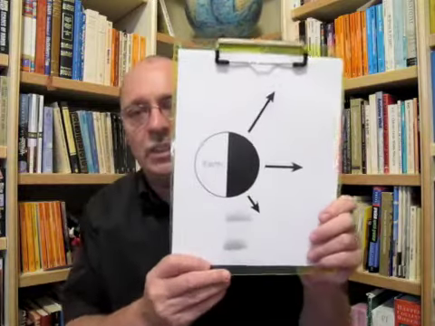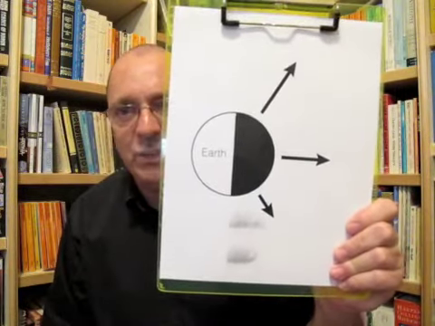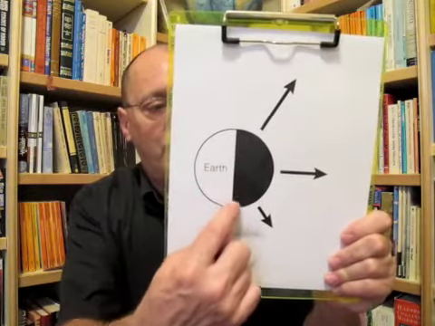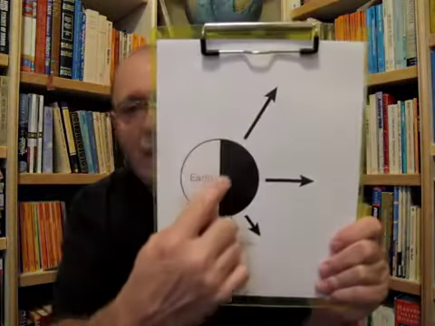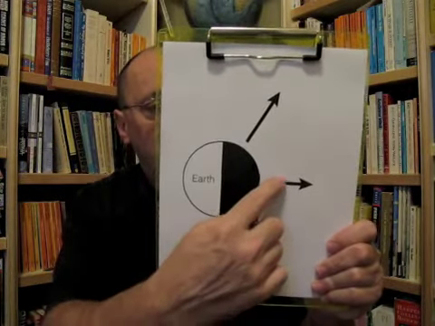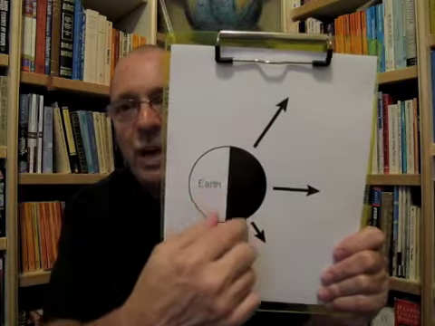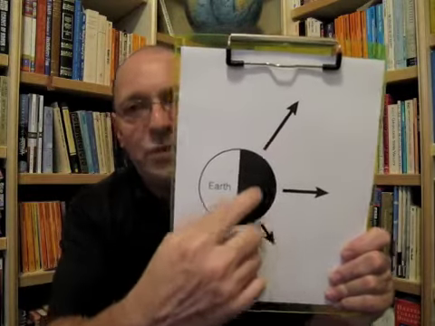But here's another drawing I wanted to show you, to explain visually what I was talking about. We have the Earth, we have the night side, and the arrows. The arrows are your movement, the direction that you would be looking throughout the night.